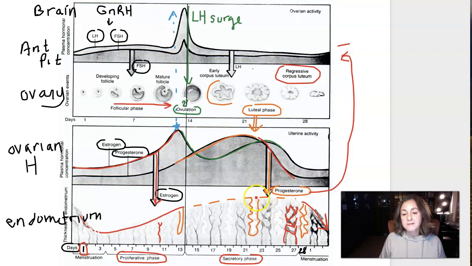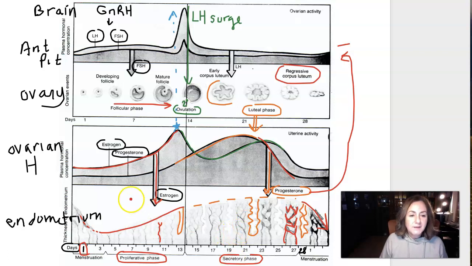Progesterone is going to cause the endometrium to become very rich, vascular, glandular, but these high progesterone levels are also going to inhibit LH and FSH. And particularly when we inhibit LH, the corpus luteum starts to die. And when the corpus luteum starts to die, progesterone levels go down, endometrium will start to die, and again, you're back to the start of this cycle.